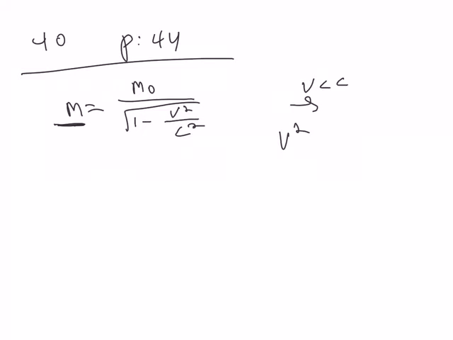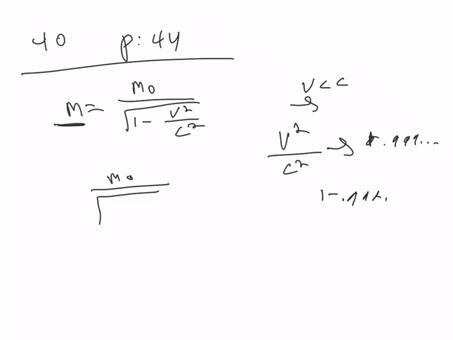So v squared over c squared is getting closer and closer to 1, but it's a little less than 1, like 0.999 dot dot dot. So we're going to get m0 over a really small number, because we have 1 minus something really close to 1.